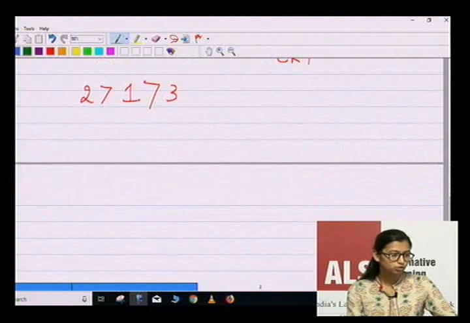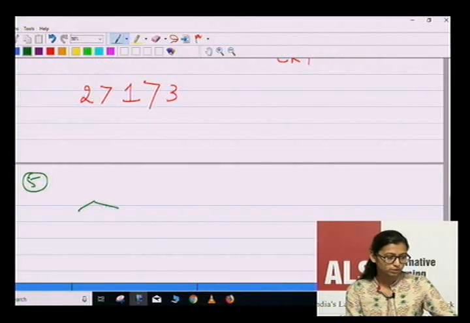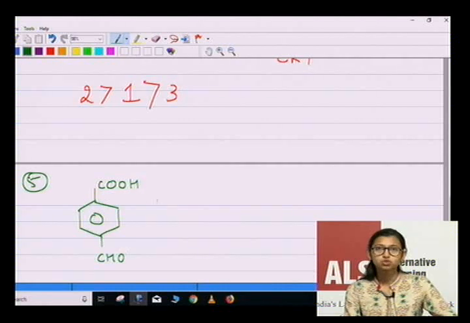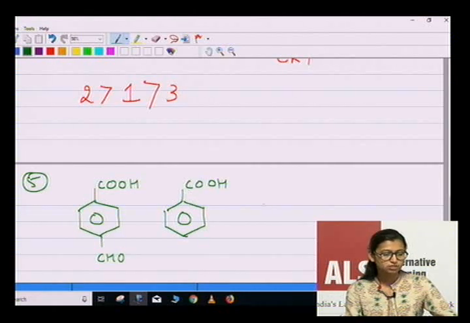Question number 5. You also try, Shillong. This is also a very good question. CHO, okay, I have written CHO here. Then this is a simple benzoic acid here.